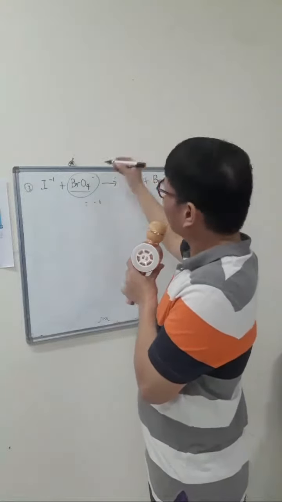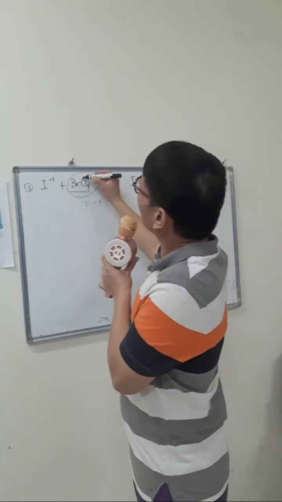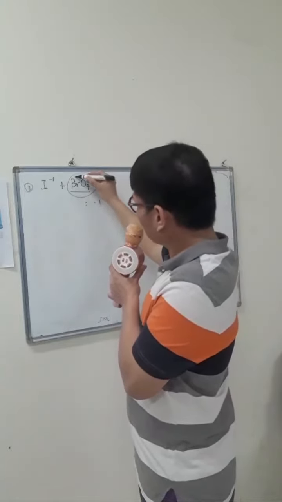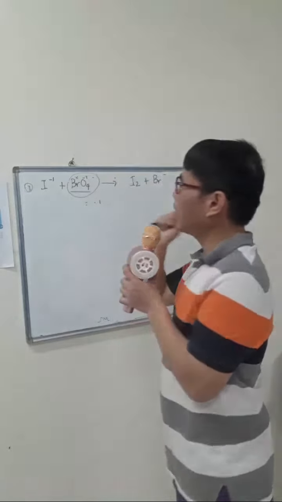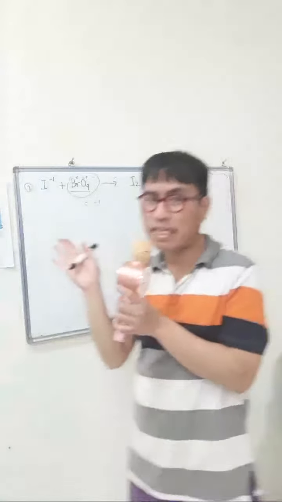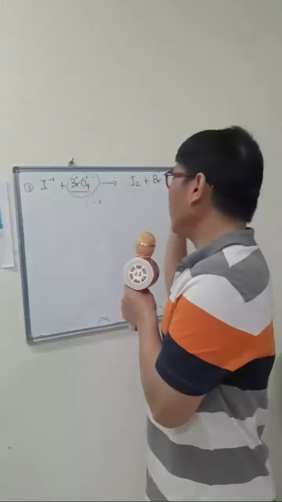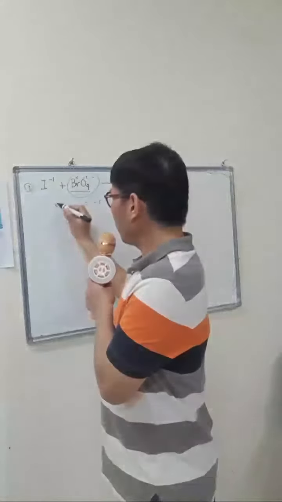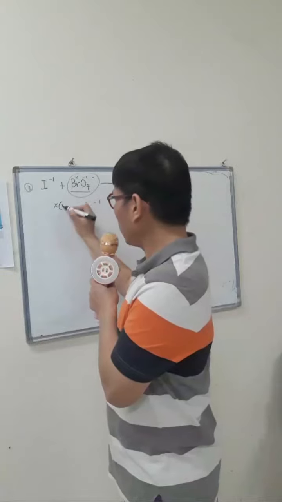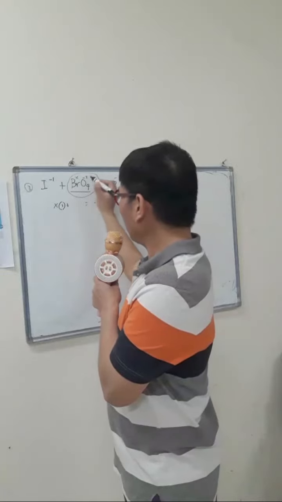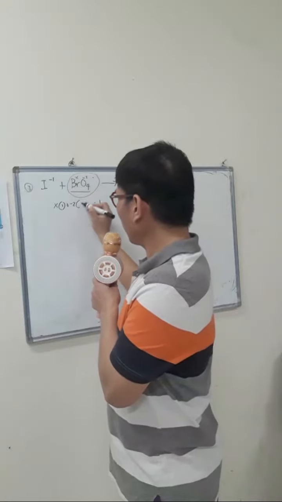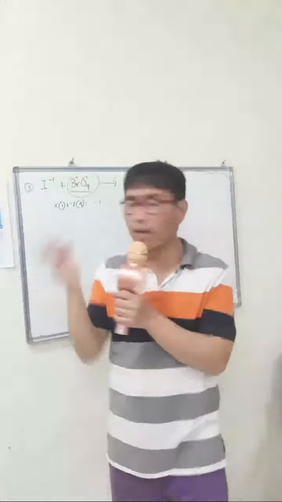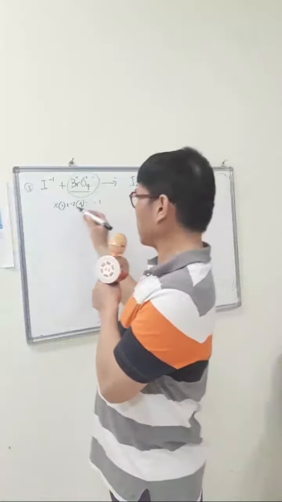Then assign -2 for oxygen, and let X be the unknown oxidation state of bromine. In the oxidation number calculation, X times the subscript of bromine, which is 1, plus -2 times the subscript of 4 is equal to -1, the overall charge. Then solve for the value of X.